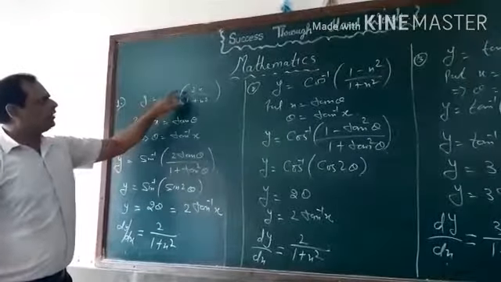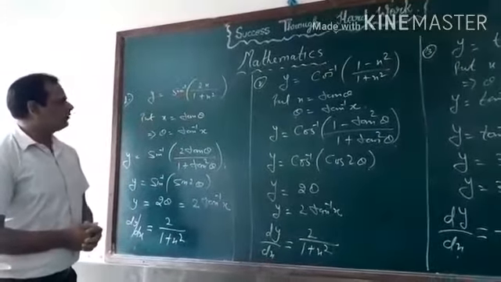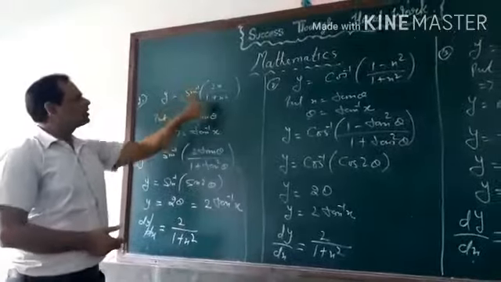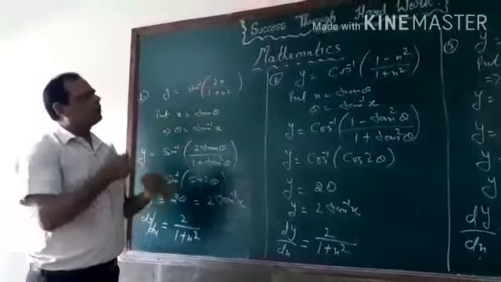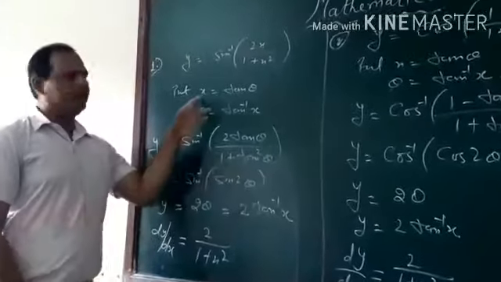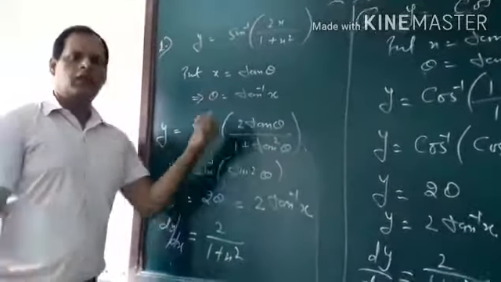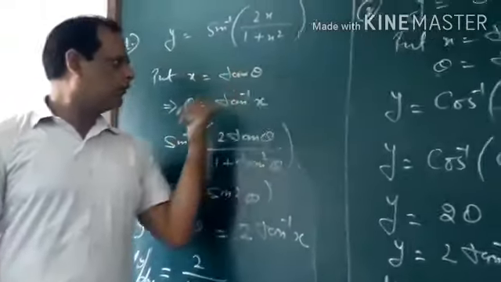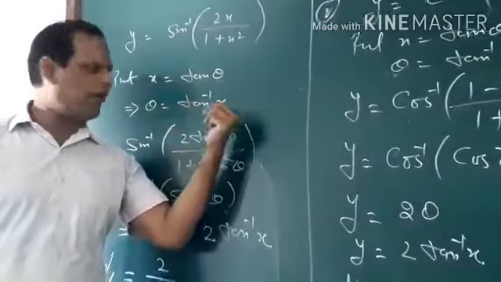y equal to sin inverse 2x upon 1 plus x square. We see here the differentiation of this function is complicated if we use the general formulas. Now we substitute x equal to tan theta, so theta equal to tan inverse x.